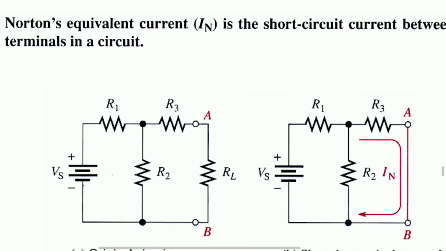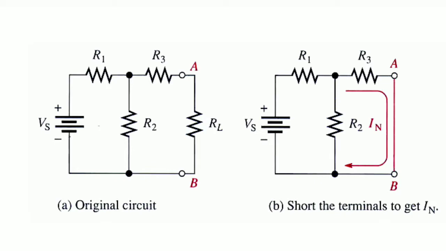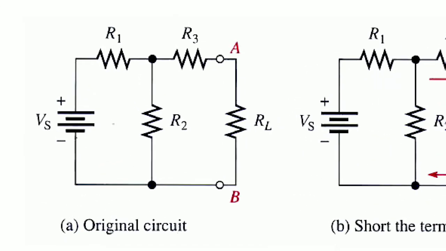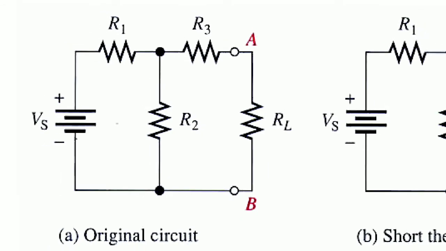Now the circuit here is the original circuit, consisting of some elements: the supply voltage Vs, R1 is a resistance, R2 is a resistance, R3 is a resistance, terminals A and B, and load resistance RL.